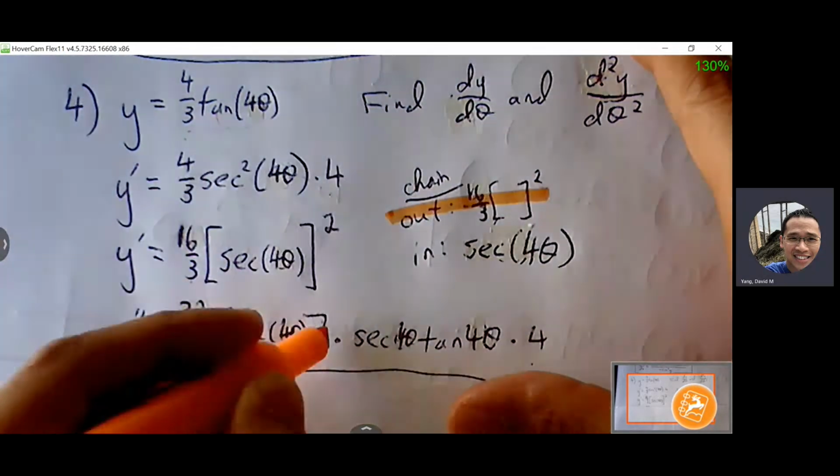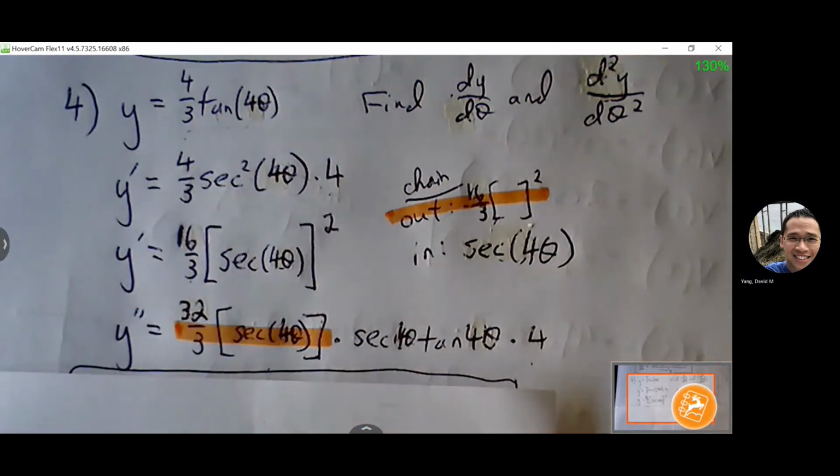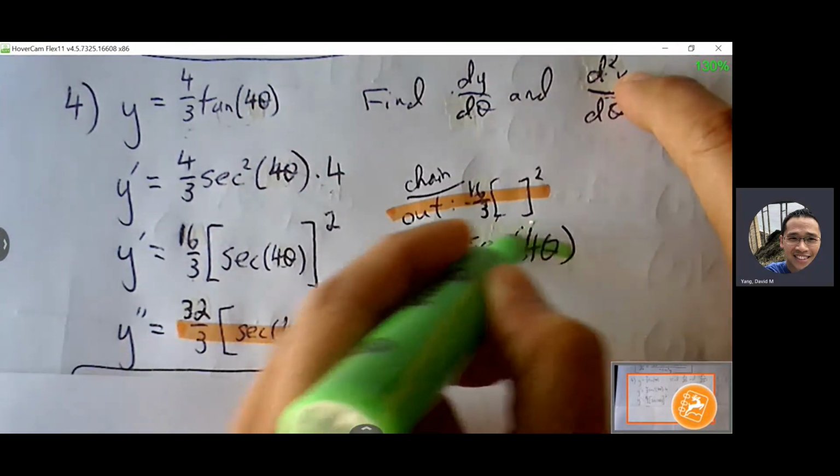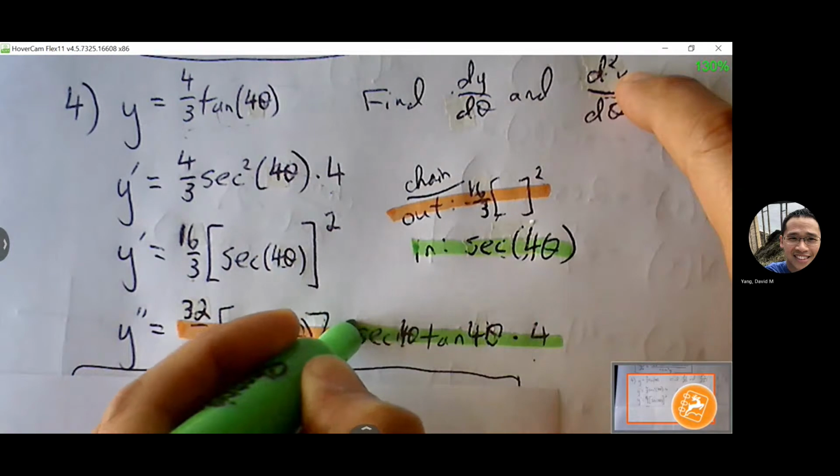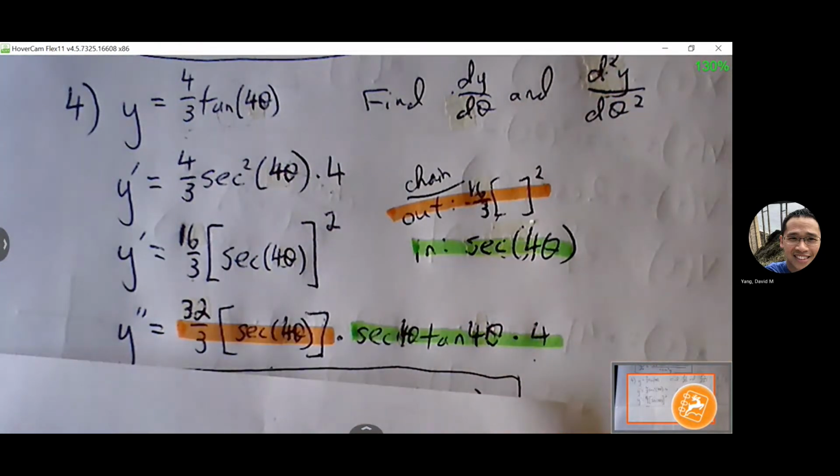So here's my outside derivative. My inside derivative. Okay, we can do a little bit of cleanup, bring that 4 out front with the 3203.